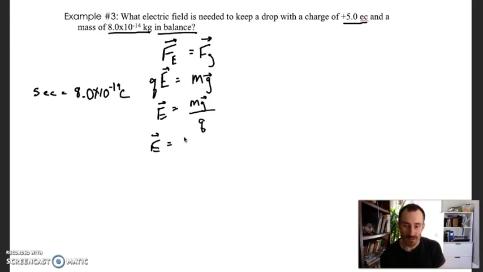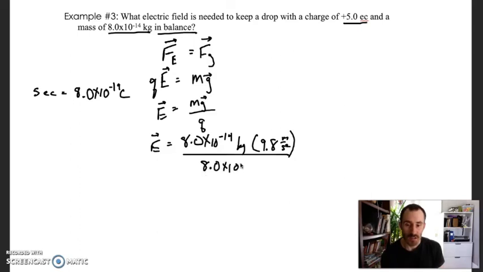E equals mass, which is 8.0 times 10 to the negative 14 kilograms times 9.8 meters per second squared, divided by the charge, which is 8.0 times 10 to the negative 19 coulombs. So our field strength then is 9.8 times 10 to the 5 newtons per coulomb.